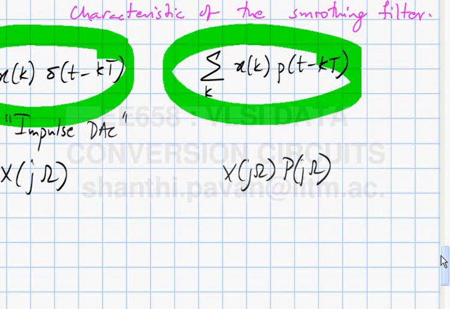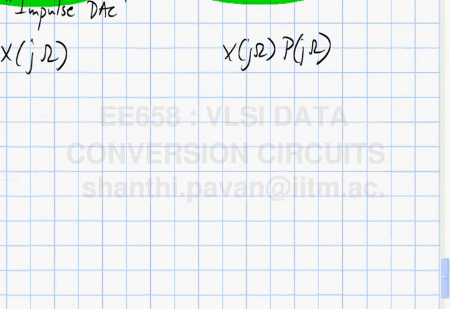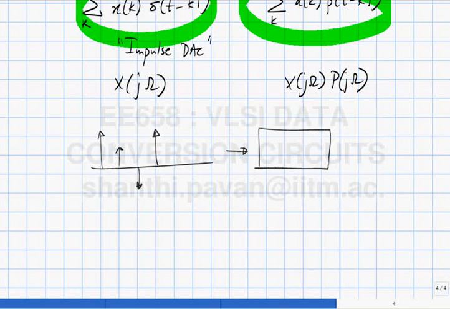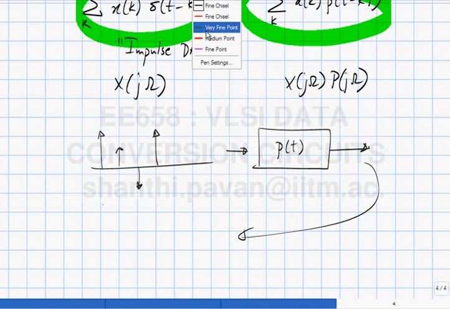Alright, so this is equivalent to taking this string of Dirac delta functions, passing this through a filter with an impulse response p of t, and then you get what you see when you look here. Let's say I took some arbitrary pulse.